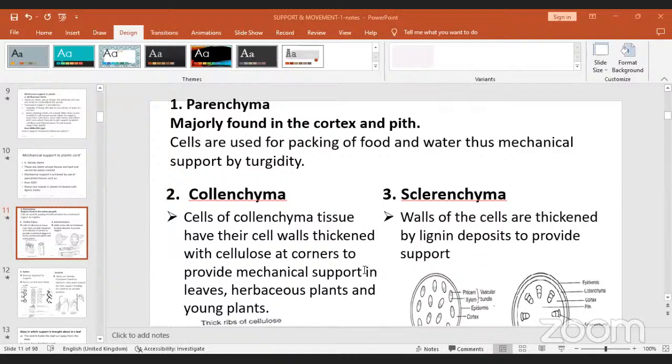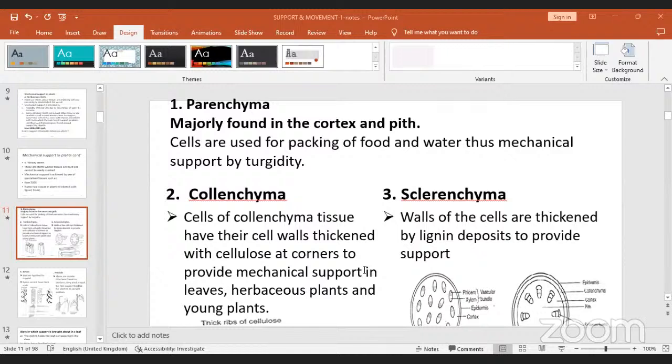If they lose that water, maybe it's a very long dry period, and the plant is not able to absorb enough water from the soil, it's not able to make enough food, they'll become flaccid. So when they become flaccid, they're not able to offer support. Now that one will lead to wilting of the plant, and the leaves will droop. So parenchyma cells are only able to offer support when they are turgid.